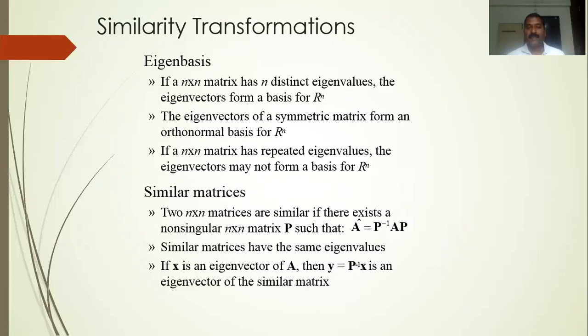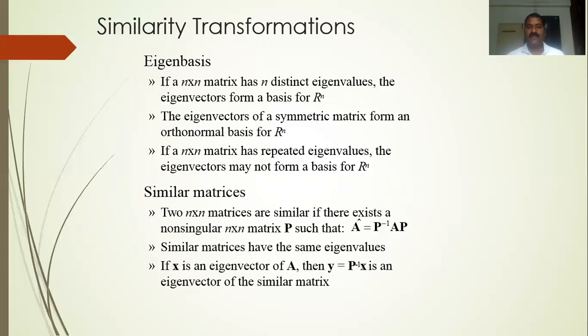Similarly, if A happens to be a symmetric matrix, its eigenvectors form an orthogonal basis. Once it's an orthogonal basis, constructing an orthonormal basis is not a big deal. If A is a general matrix and the eigenvalues are repeated, then their corresponding eigenvectors may or may not form a basis. It goes case by case, and you have to really inquire that.